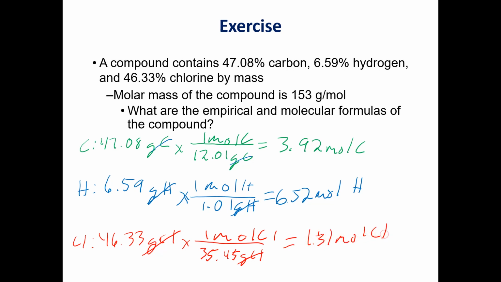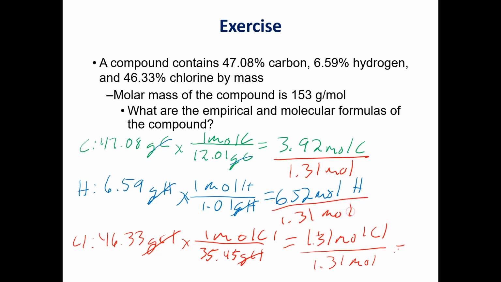So in this case, chlorine has the smallest number of moles, so we're going to divide everything by the moles of chlorine. So 1.31 divided by 1.31 is 1. 3.92 divided by 1.31 comes out to 3.